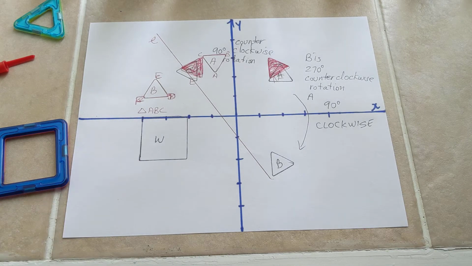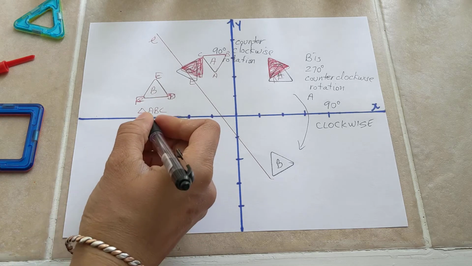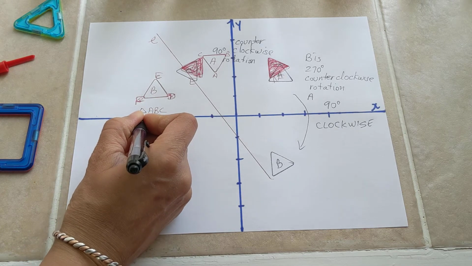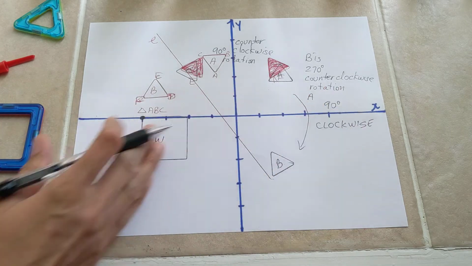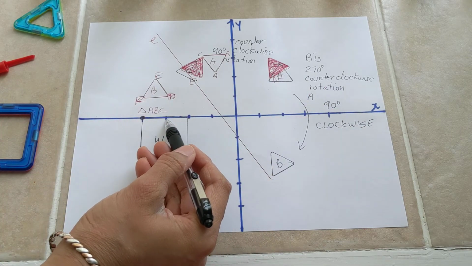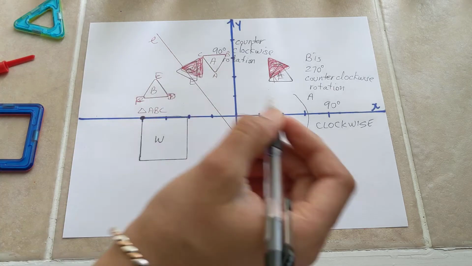When we're talking about translations, we're just moving them, just like you would move a point. So let's pretend that this is your point that you plotted. As you can see, I didn't label them -1, -2, -3, and so on, because when you're doing translations, it doesn't matter. You're just counting left, right, up, or down.